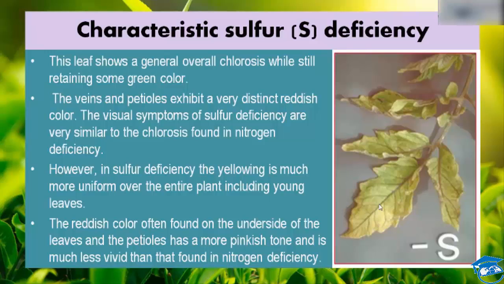Okay, so you can say a plant which is deficient in nitrogen and deficient in sulfur shows almost the same symptoms, that is yellowing of the leaf, that is chlorosis, and reddish color on the underside of the leaf. So this was about the characteristic sulfur deficiency symptoms.